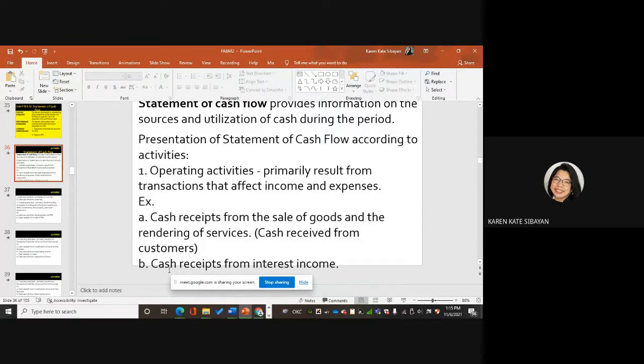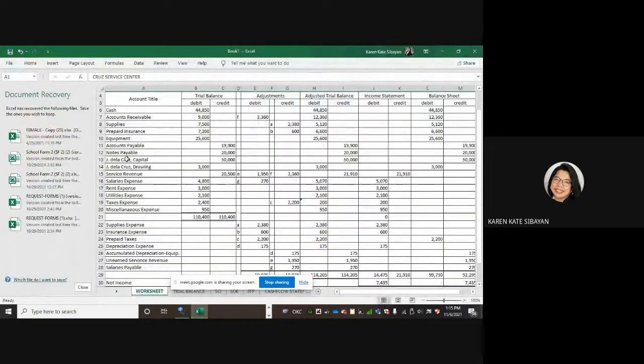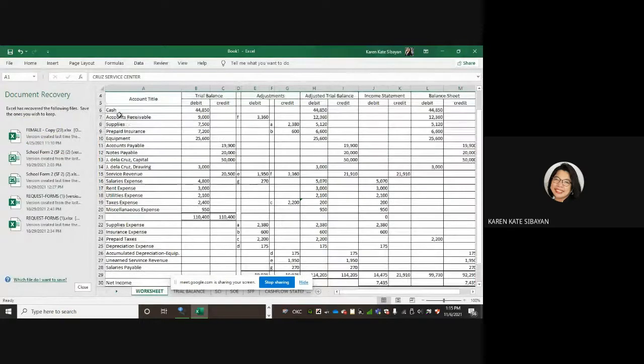Cash receipts from interest income. Take note, meron ba na na-receive galing sa interest? O, tingnan nyo nga, meron ba dyang interest income? Kung wala kayong nakita, ibig sabihin, wala na.